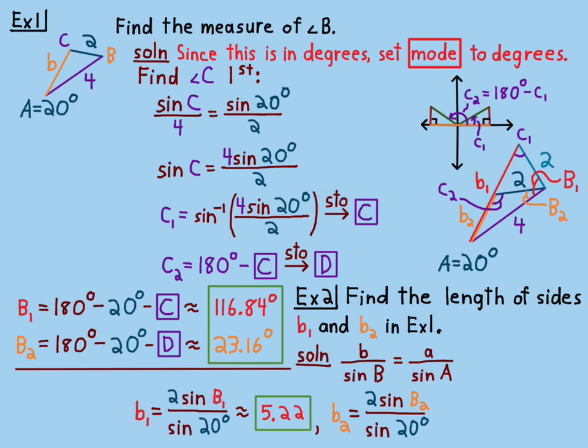So this is little a over sine of capital A, angle A. And then I just had this sine of B1 down here, and I cross multiplied. Okay. And then you do the same thing with B2, and you get approximately 2.30. And those are lengths. They didn't say what the units of the lengths are, so they don't have units.